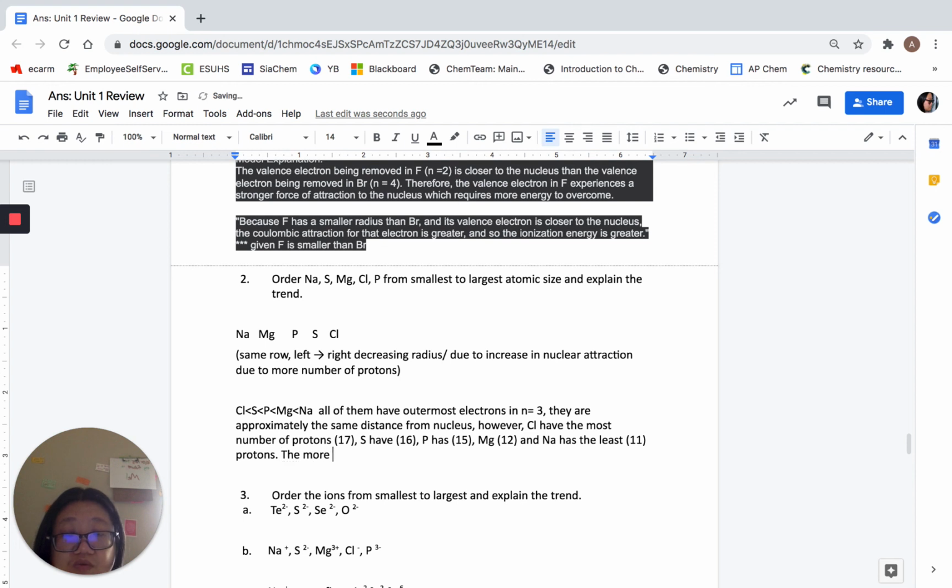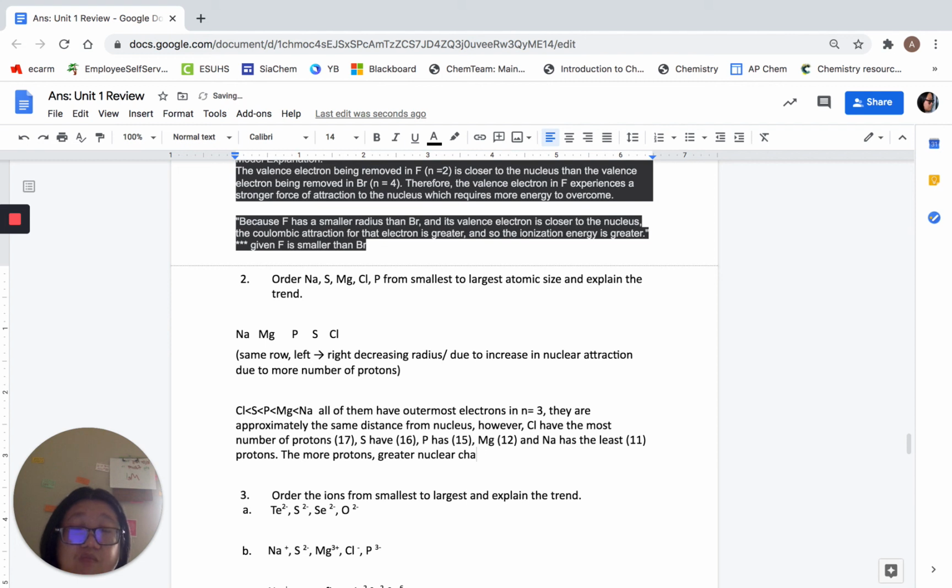The more protons means more nuclear attraction, even greater nuclear charge.